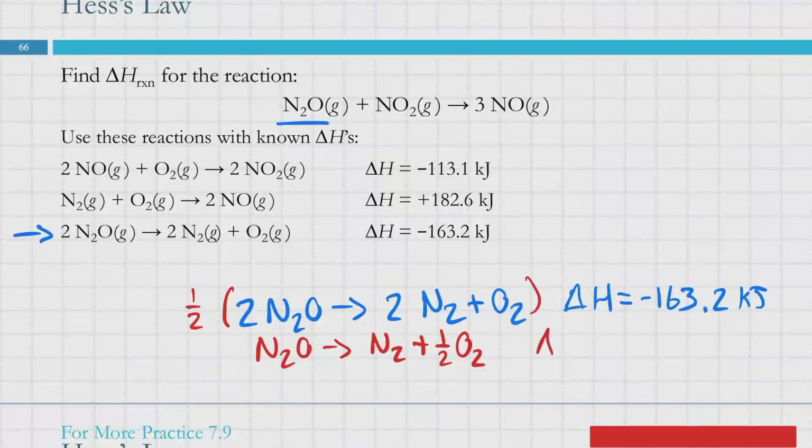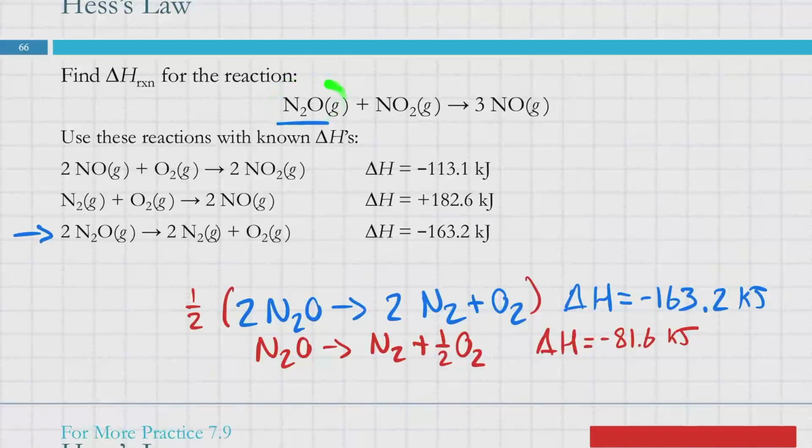What happens to our delta H when we do that? It also gets halved. So negative 81.6 kilojoules.